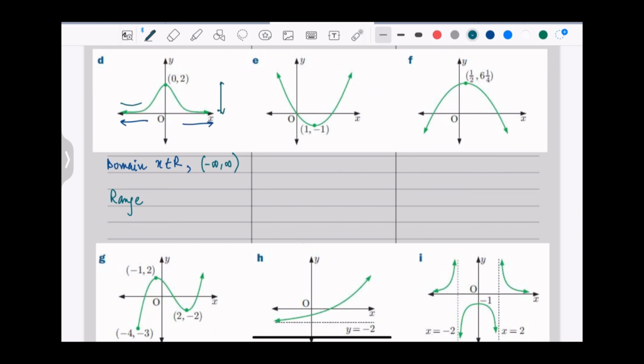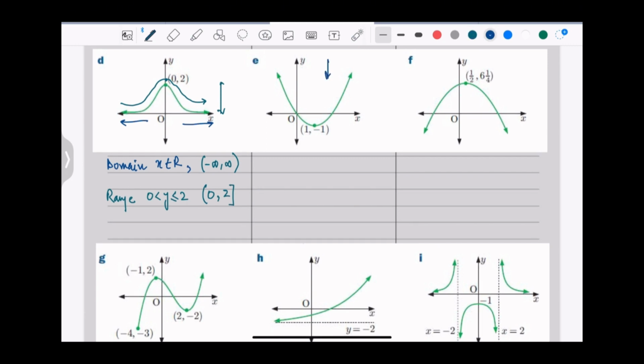The function went up, reached the point y equals 2, and then came down and followed the same path. So the range will be 0 is less than y is less than or equal to 2. This is going to be (0, 2] with a round bracket on 0, because 0 is not a part of it, and a square bracket on 2.